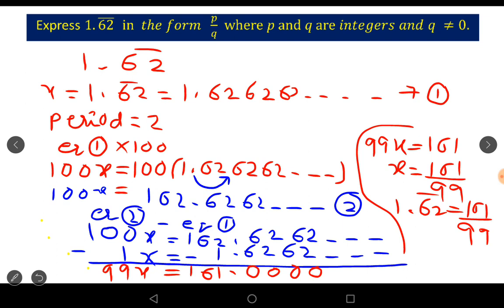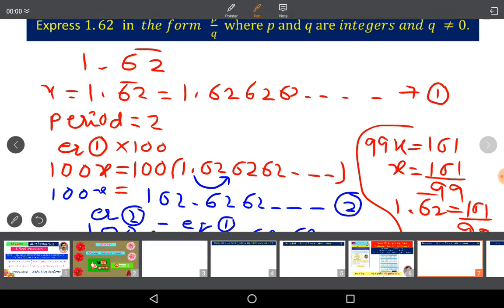Multiply with 100, the decimal point moves 2 places right, so 162.626262. Next step, equation 2 minus equation 1. So 99x equals 161, x equals 161 by 99. Okay students, next question.